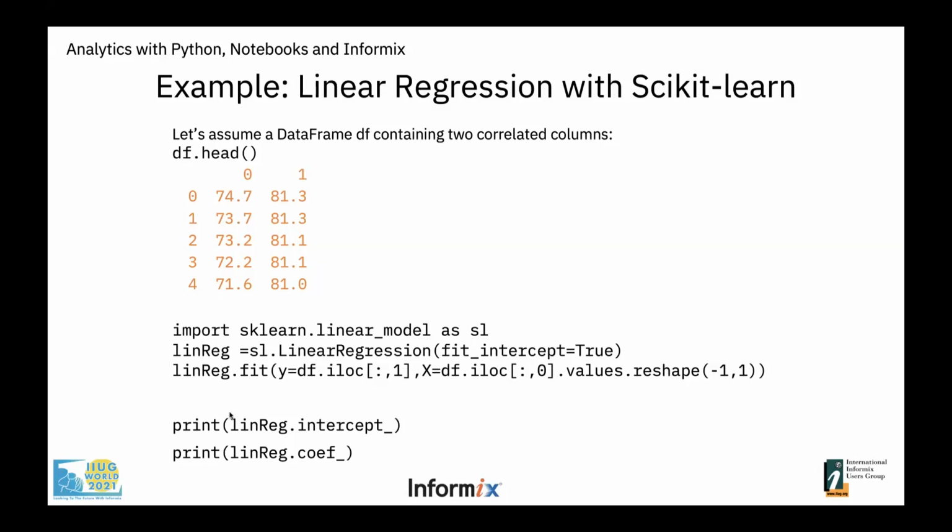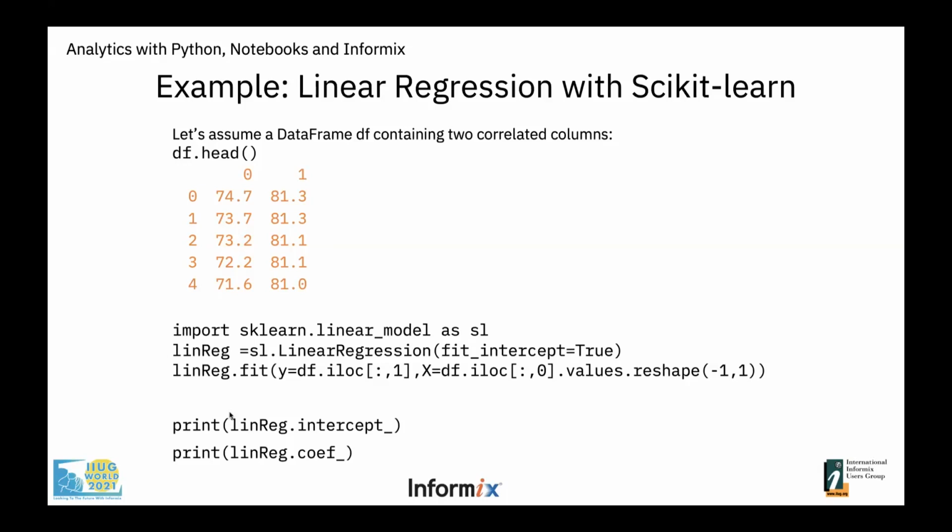And then for linear regression, there are two important parameters which are essentially defining your linear regression model. It's the intercept and the coefficient, and you can print that. Well, the next step, which I have not shown in the code here, is, of course, to use your model to predict some values, which is also very easy for a linear regression model.